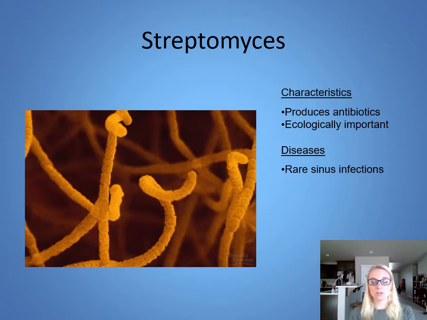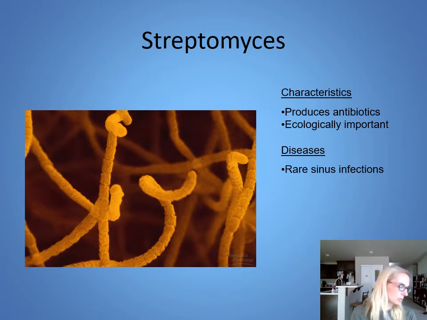They're also ecologically important in that they play a big role in recycling organic molecules in the soil. So they're a big soil microbe, and they're not really disease causing. Some people, if they inhale soil dust, might get a sinus infection. But the importance of Streptomyces is more their production of antibiotics and their role in ecology.